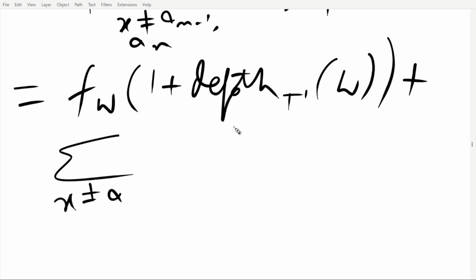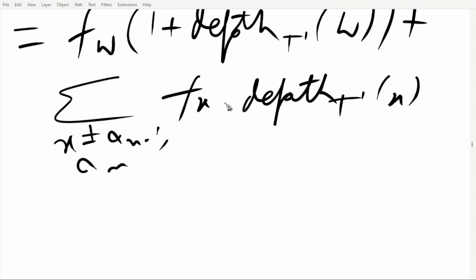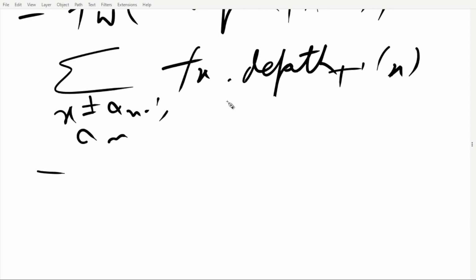x not equal to an minus 1 and an, fx times depth in t prime of x. Now we can simplify this.